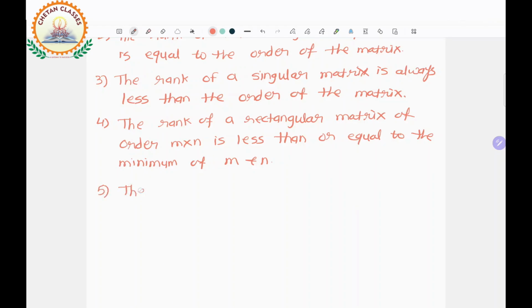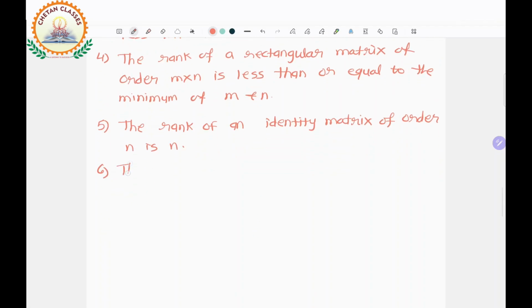Fifth, the rank of an identity matrix of order n is n.